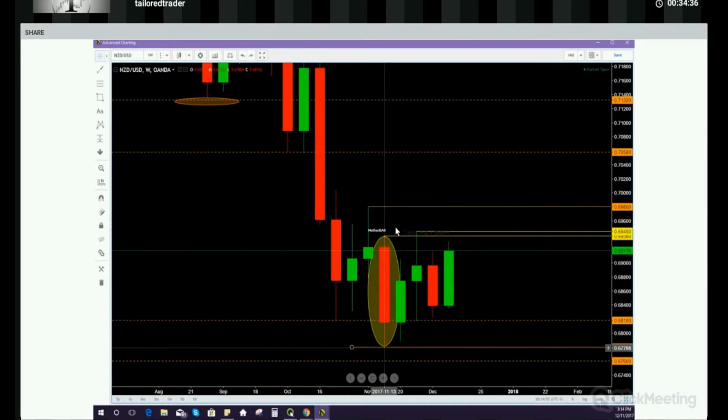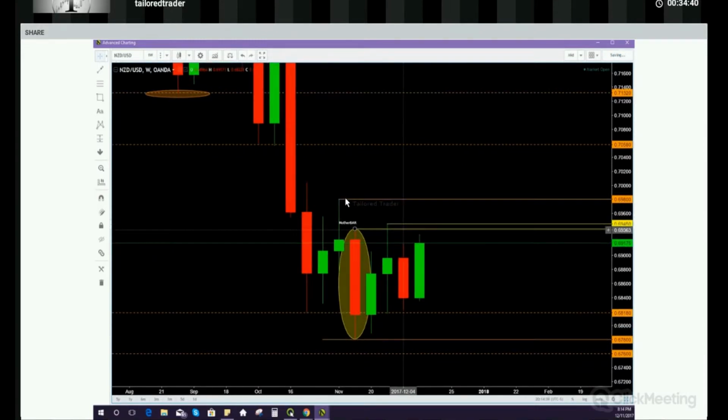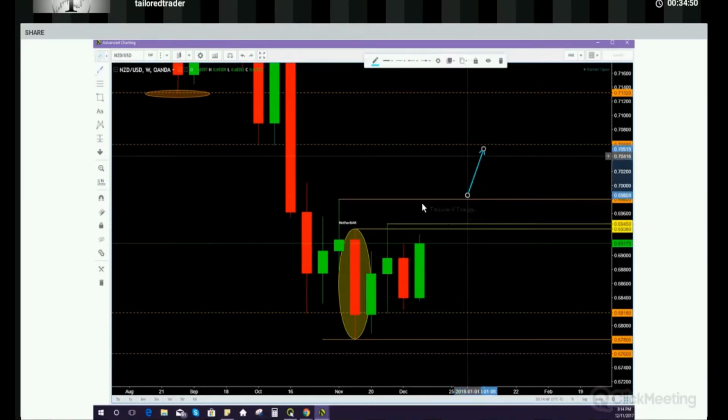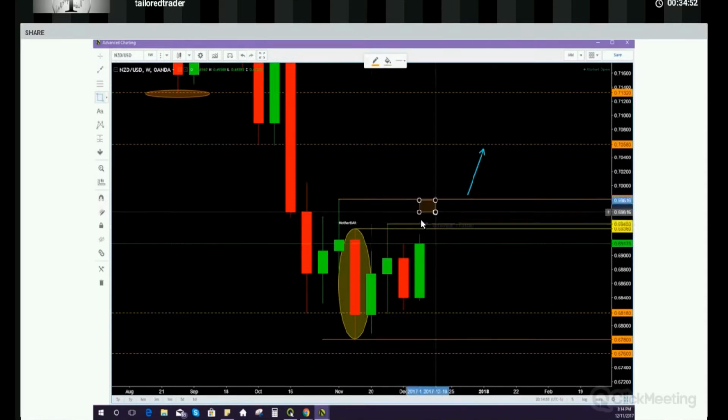Now, the only thing about this setup is, although we have a monthly mother bar break, we have this monthly high sitting right there. So for me, unfortunately, I'm going to be using this as a dead zone. Although this is a mother bar weekly break, I'll be careful of potential daily fake out spikes coming back down into its range.